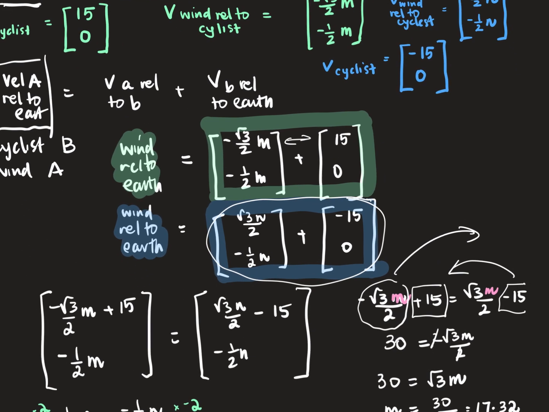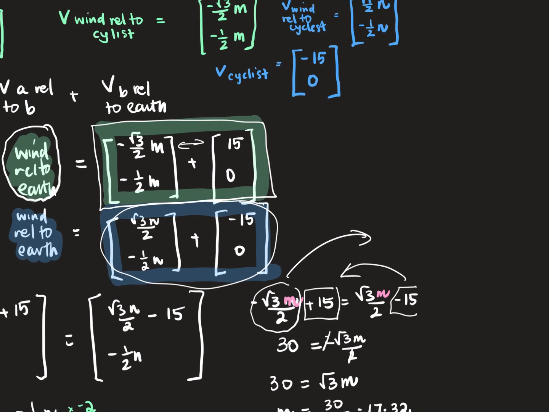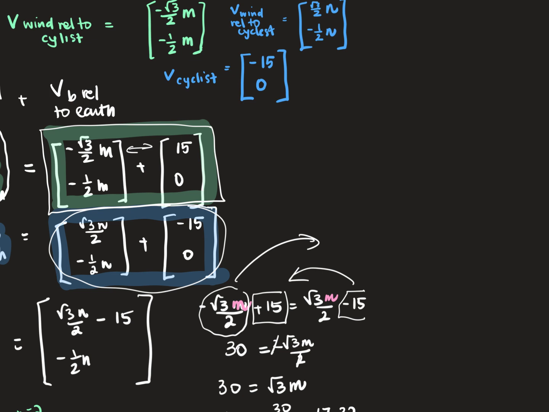Now I would like to find the true speed and direction of the wind. Well, to do that, this one here, the wind relative to Earth, is the true speed and direction of the wind, and I can just use this equation here for that. So the true wind velocity, let's call it that, is equal to negative root 3 on 2 m plus 15 and negative 1/2 of m.